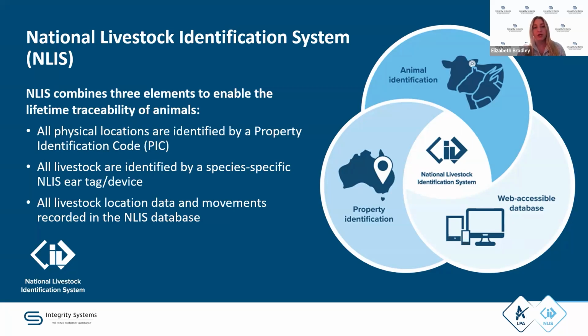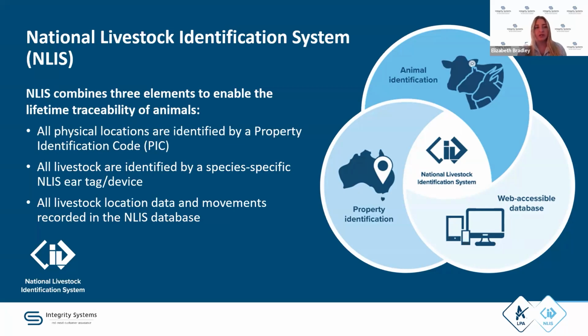Then we've got your animal identification, which is the NLIS tags that go in their ears. We're talking about electronic tags in particular. When the tags and the PICs work together to identify the livestock and the properties, we're recording the movements of tags between different PICs in the NLIS database. So those 3 things work to give us traceability.